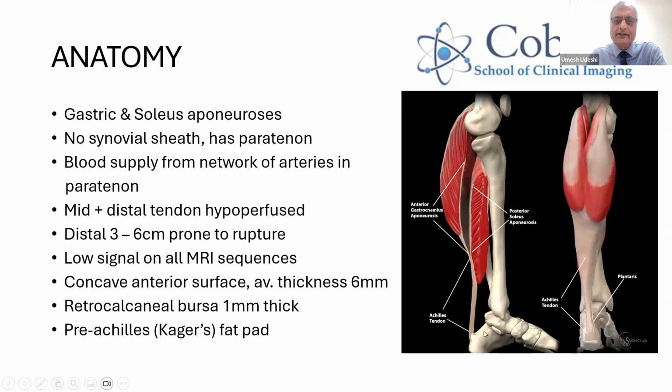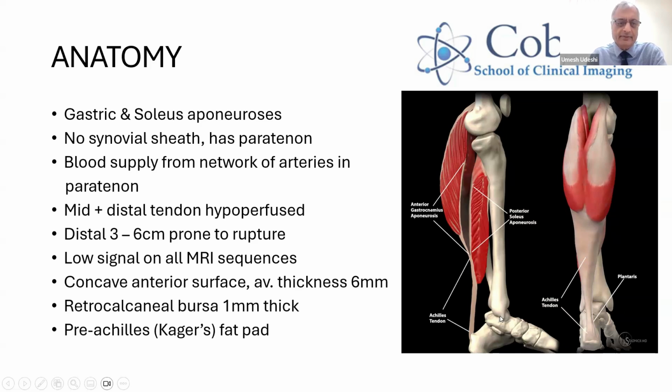The blood supply is from a network of arteries in the paratenon. The mid and the distal tendon have reduced blood supply, and that's why the distal 3 to 6 centimeters are prone to rupture. The tendon will be low signal on all MR sequences, just as all tendons and ligaments should be low signal on all MR sequences.